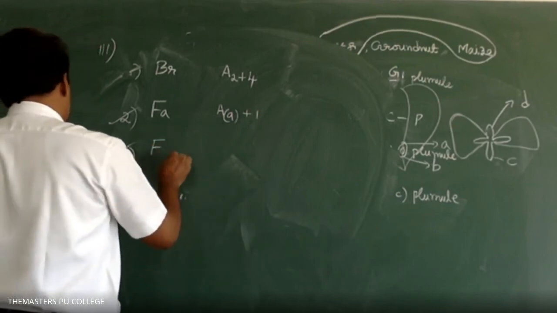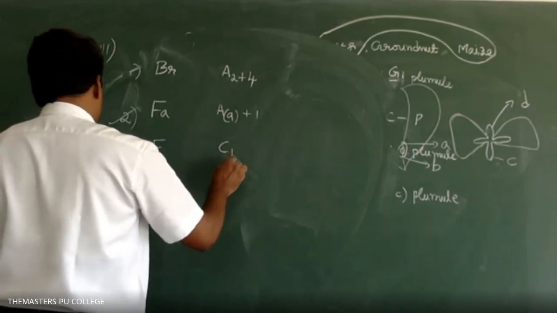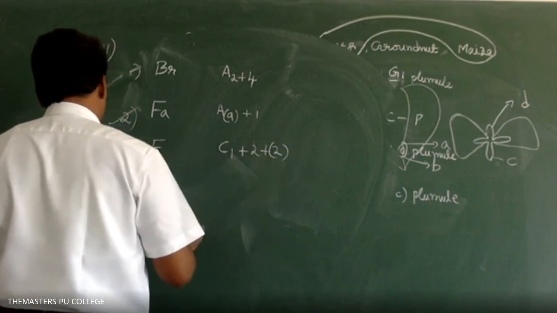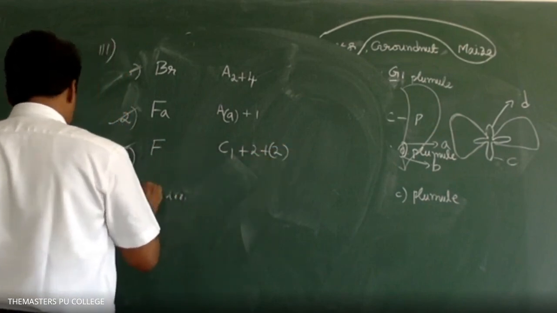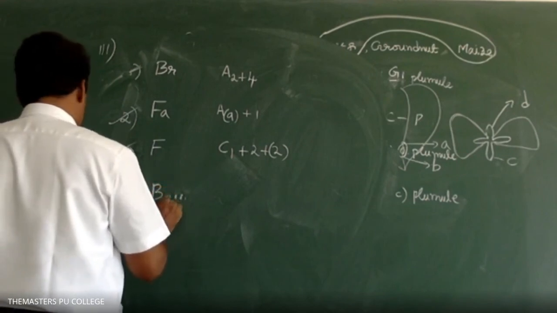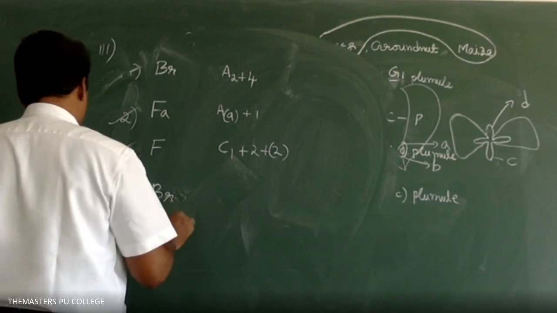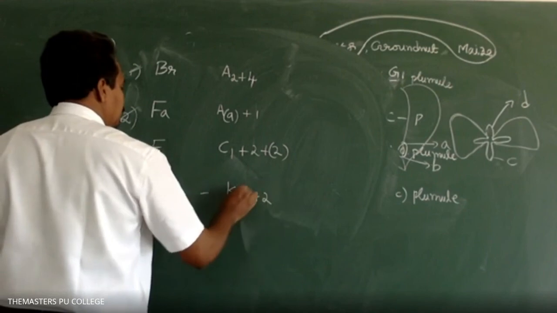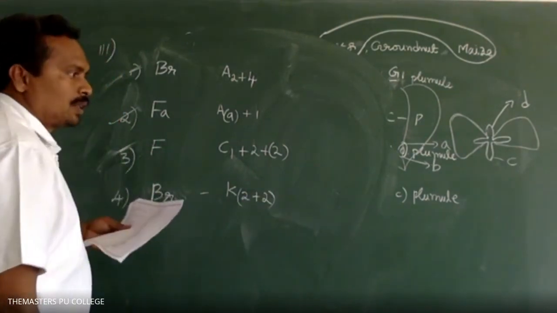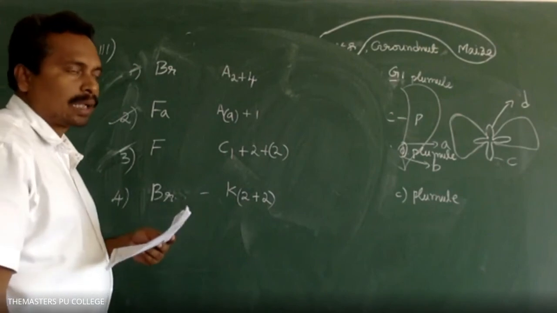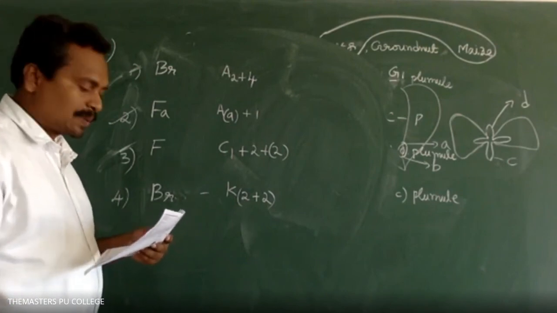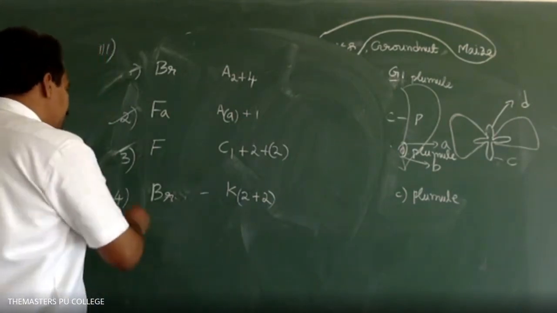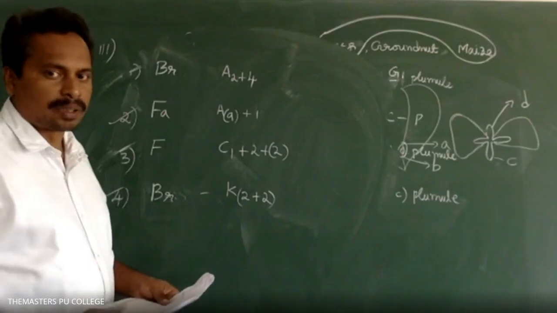Fabaceae: C 1 plus 2 plus 2 within brackets. Option 4, Brassicaceae: K 2 plus 2, fused sepals. Double sepals. What is the mismatch? Very good. Option 4 is the answer.